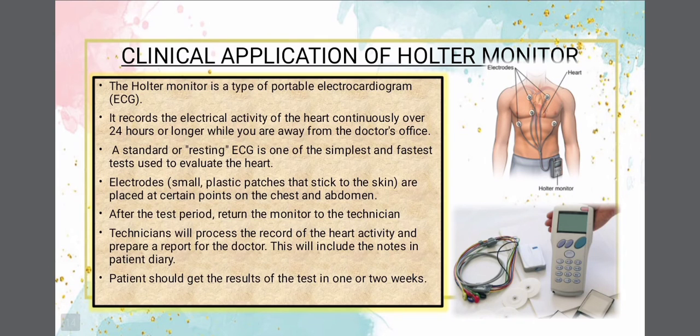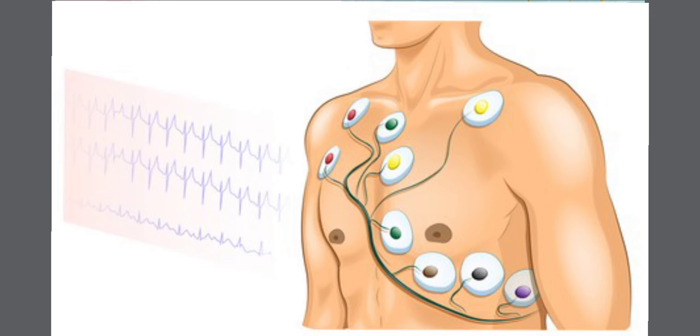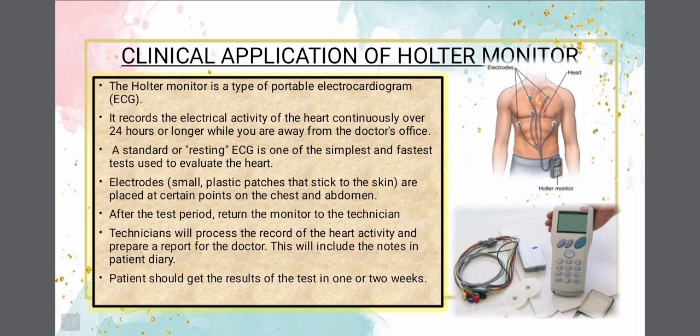A standard or resting ECG is one of the simplest and fastest tests used to evaluate the heart. Electrodes, which are small plastic patches, stick to the skin and are placed at certain points on the chest and abdomen. After the test period, return the monitor to the technician.